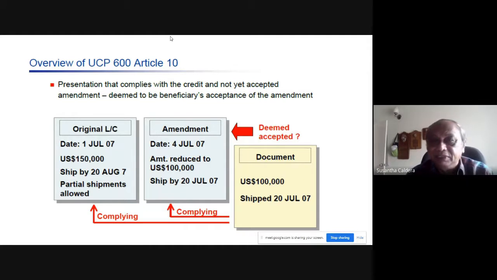Let me make an example. Original LC, 1st July 2007, US dollars 150,000. Shipped by 20th August 2007. Partial shipments allowed.